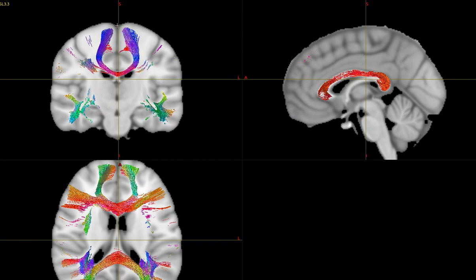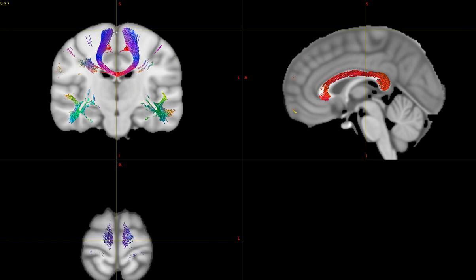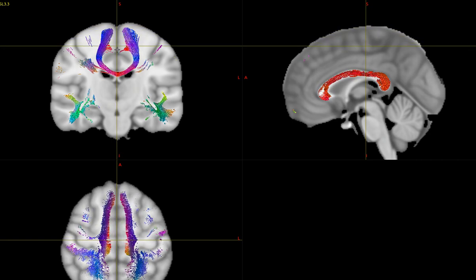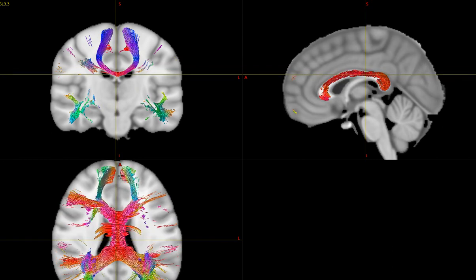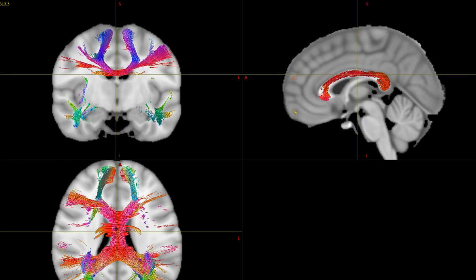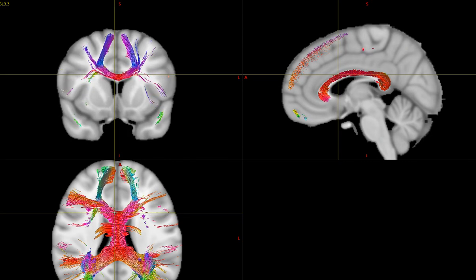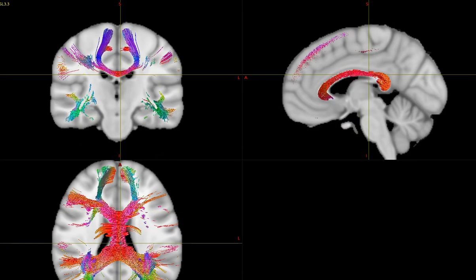So just taking my cursor, going down through the longitudinal fissure, the body of white matter that is there is the corpus callosum. Now, you may want to distinguish the difference between the fibers that pass through the corpus callosum and the corpus callosum itself. But for our purposes, this distinction is not terribly important.